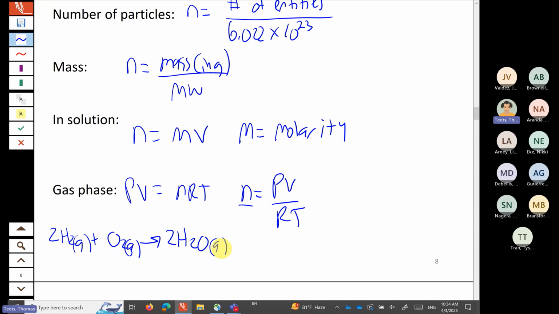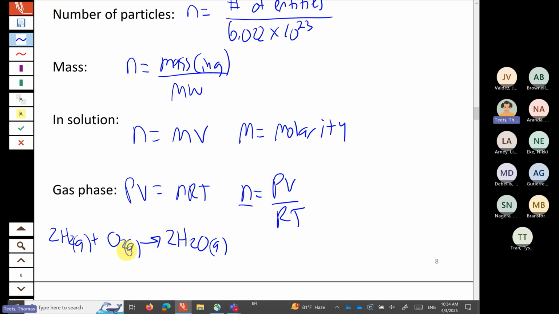If we know the pressure, volume, and temperature of all 3 gases involved, we can do calculations involving moles like we normally would. But also, because the number of moles is proportional to the pressure and proportional to the volume, the coefficients in the chemical equation can be interpreted as numbers of moles, like they typically are, or in terms of pressures and volumes for anything that's a gas.